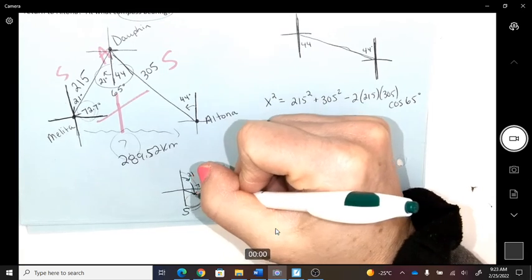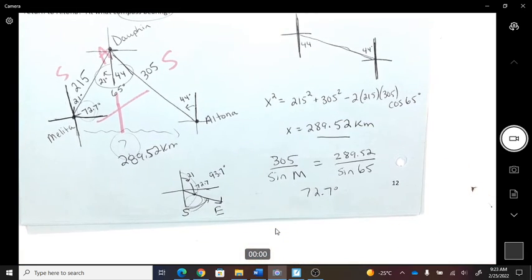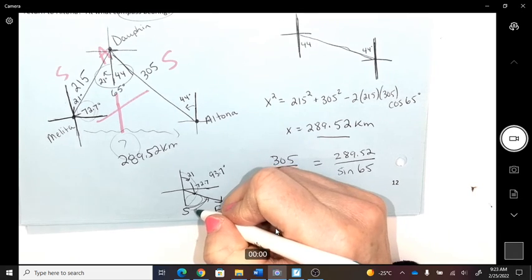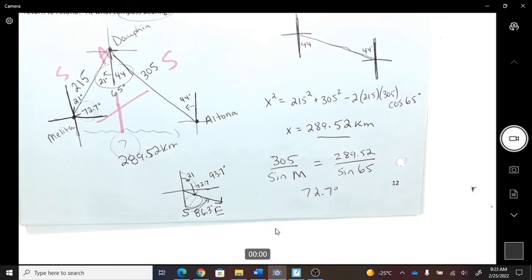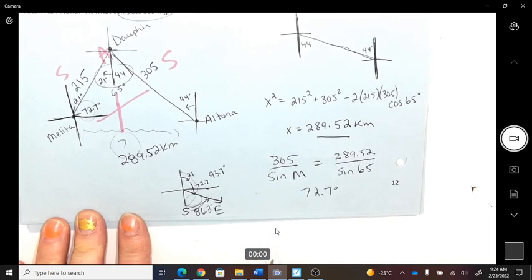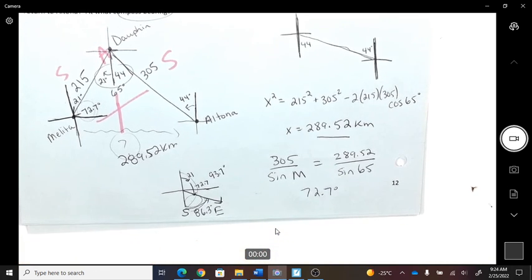Do you want to do 180 minus 93.7? So there's the compass bearing. South 86.3 degrees east.